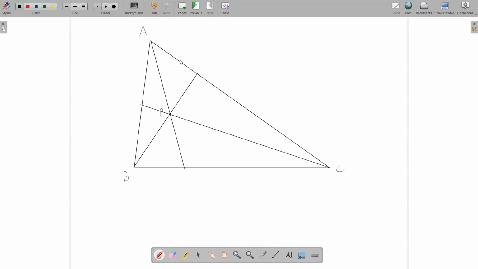Okay. Then you have this length here. What if you take the same length, but from point C, and consider this line? You have this length here. Do the same length from the other vertex here. You consider this line.